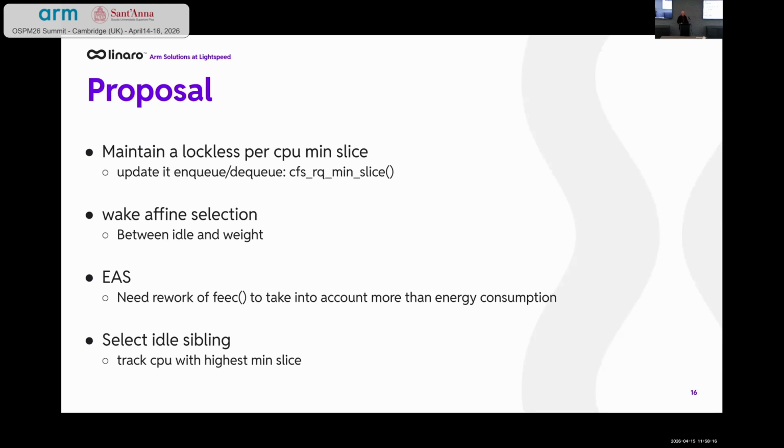For all of us, for the interactive ones. So the goal will be just to compare your slice. Either I can take the custom flag as a trigger, but otherwise it's mainly about comparing the slice of the waking task with the per CPU slice. I don't know. I probably need to see the overhead, but.